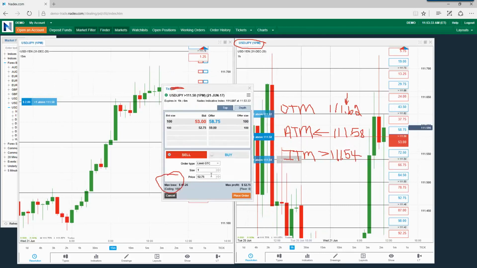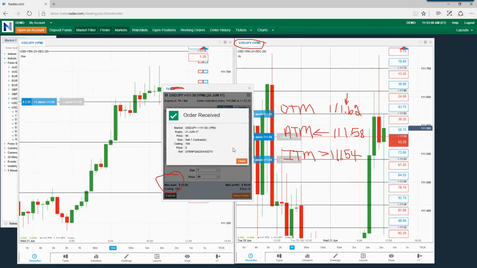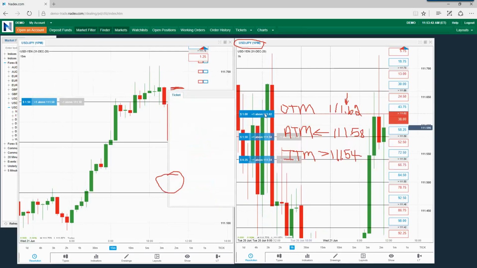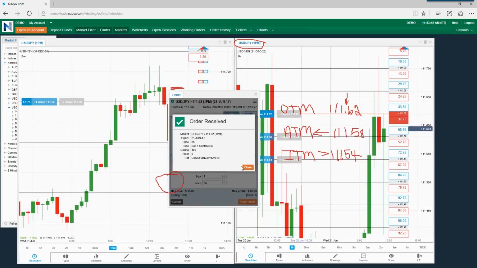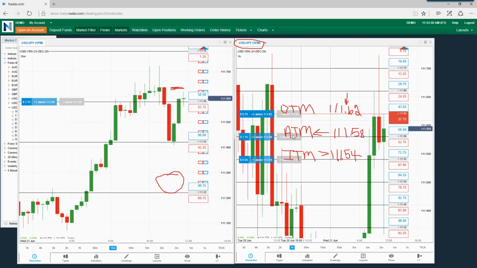On this one, we could set, let's say, 90 for a profit target. And then on this one, we could set an $85 target. Now, do you see how I have these gray boxes here? That tells me that we have profit targets in the market.